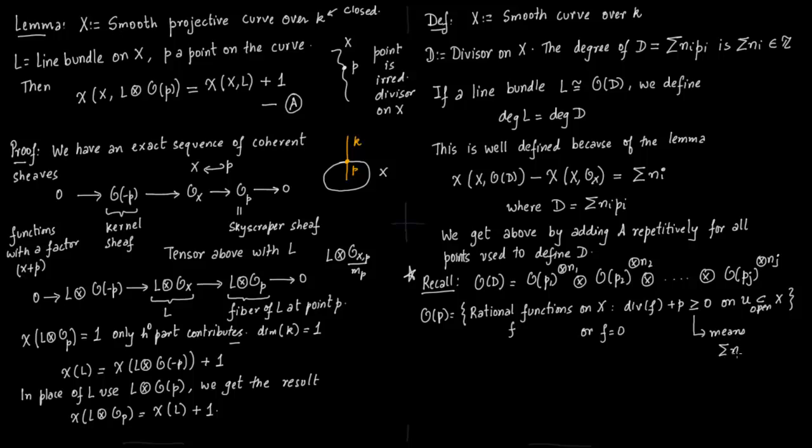So what does this greater or equal to sign mean? That means once you take the coefficients and add the divisor of F with 1 times P, all the Ni are nonnegative.